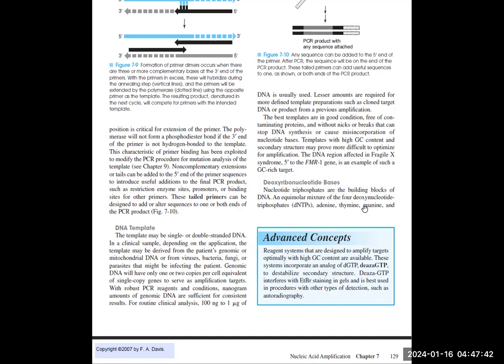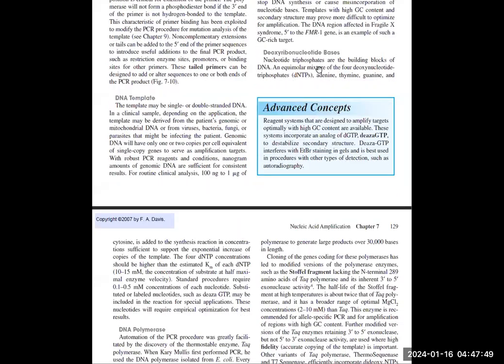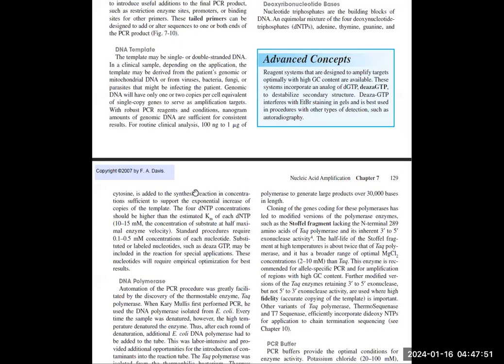We have the four deoxynucleotide triphosphates: adenine, thymine, guanine, and cytosine. We add them to our PCR master mix in our Eppendorf tube. The dNTP concentrations should be higher than the estimated Km of each dNTP. Standard procedures use 0.1 to 0.5 millimolar concentrations of each.